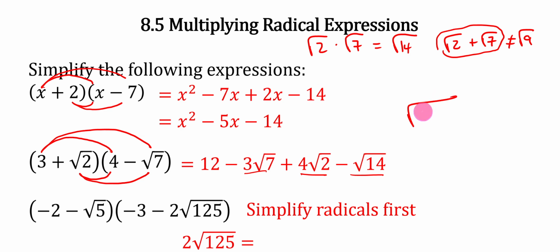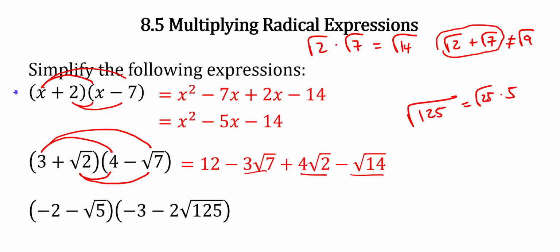And we can think about the square root of 125 as the square root of 25 times 5. And I'm realizing I got something here. So this should be the square root of 125, 25 times 5 is 125. Square root of 25 is 5, so we have 5 square roots of 5.